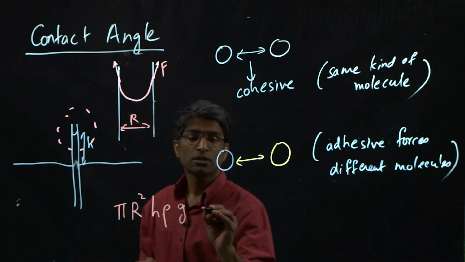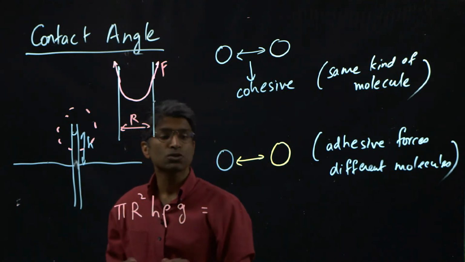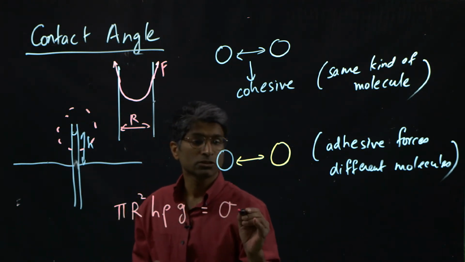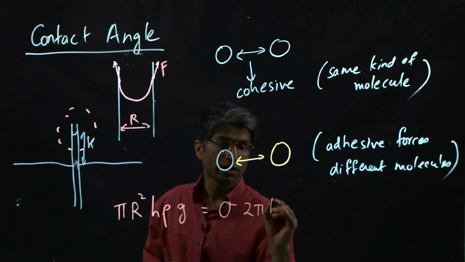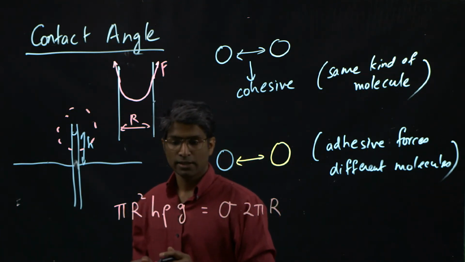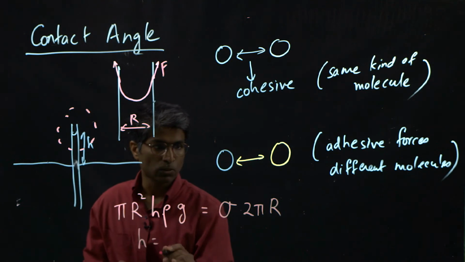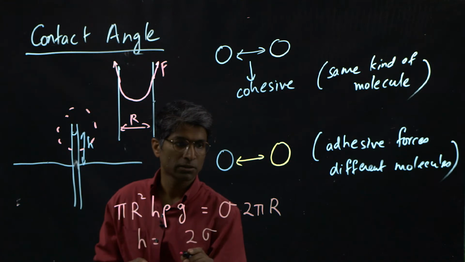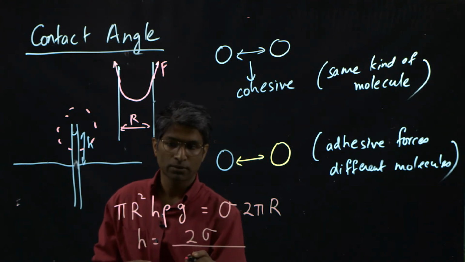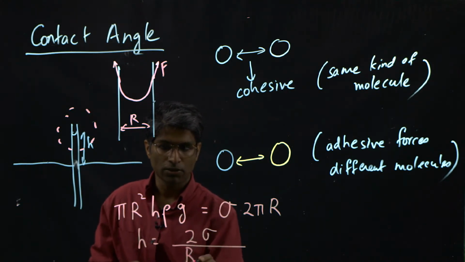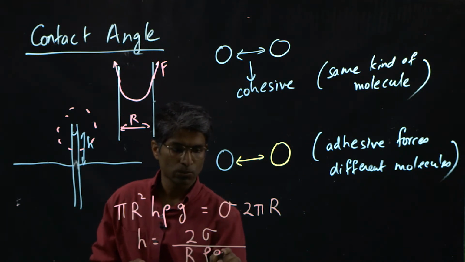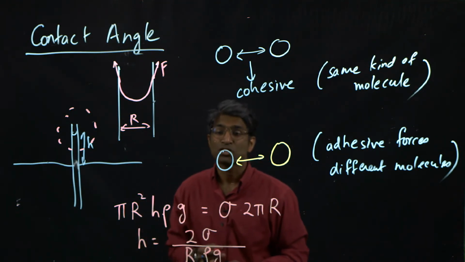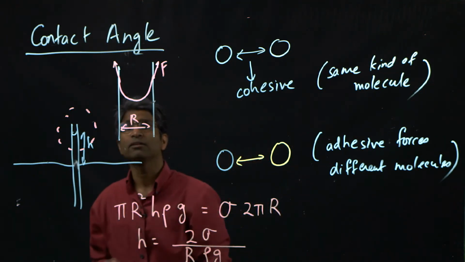That force is equal to the surface tension force, which is given by sigma times the length of the contact line, which is 2 pi r. And so I can say h equals 2 sigma over r rho g. So the higher the surface tension and the smaller the radius, the more that height will be.